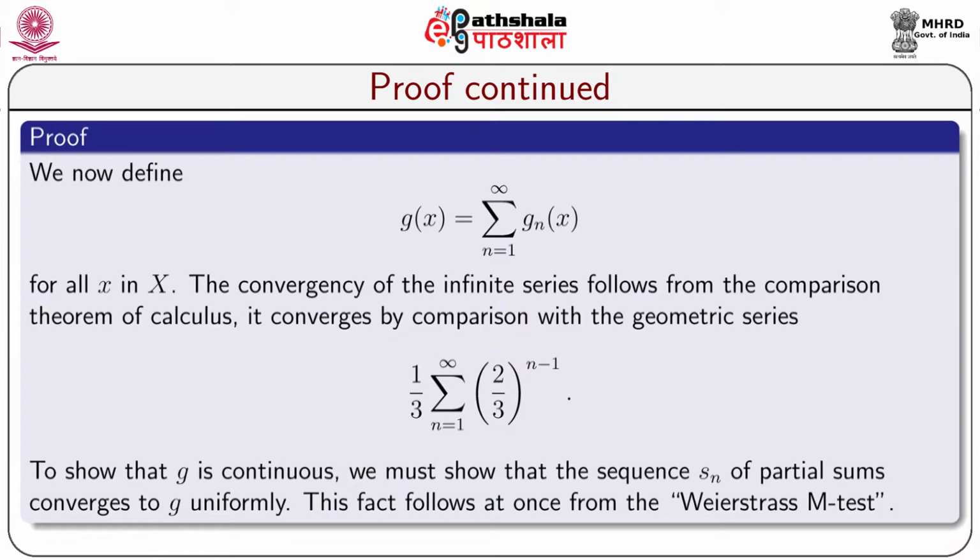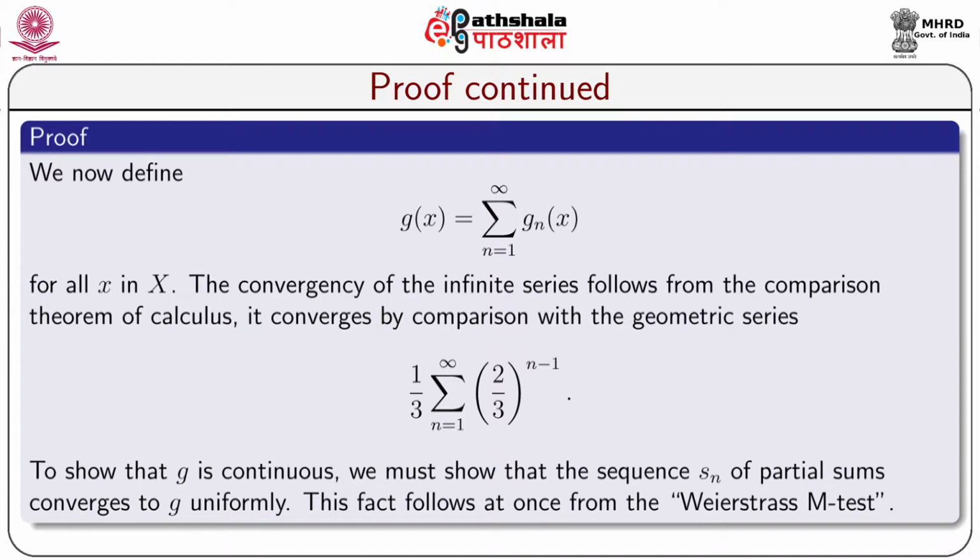So, from this we say that g(x) is well defined. Now, to show that g is continuous, we must show that the sequence of partial sums Sn of the sequence gn converges uniformly to g.